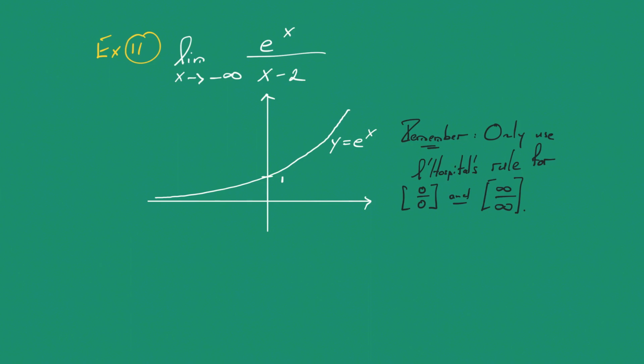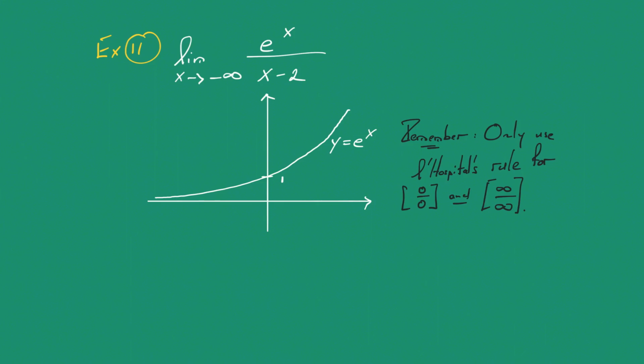So here I've drawn y equals e to the x, and we're asking, what does e to the x look like for large negative values of x? Well, for large negative values of x, which are out here, e to the x we can see is positive, but very, very close to 0. And so as x tends to minus infinity, e to the x actually tends to 0.